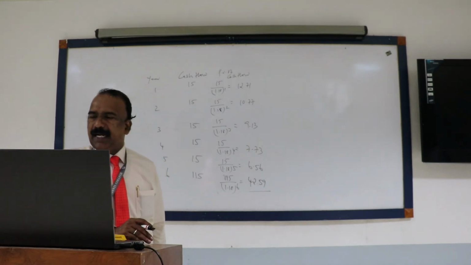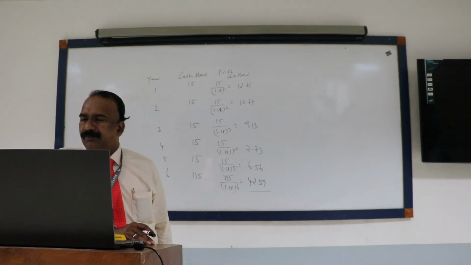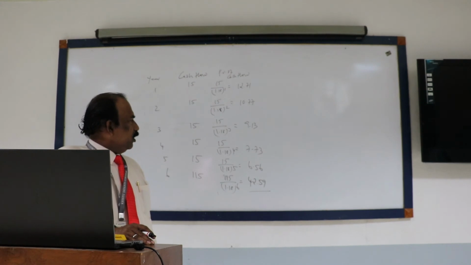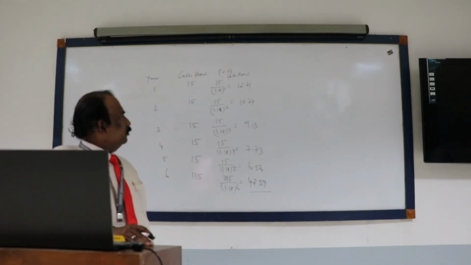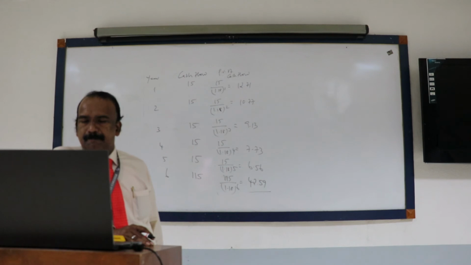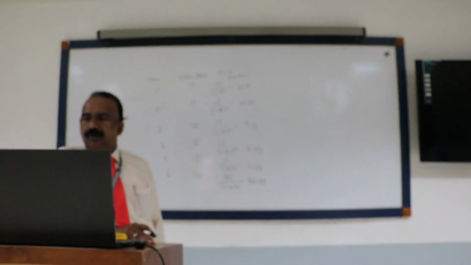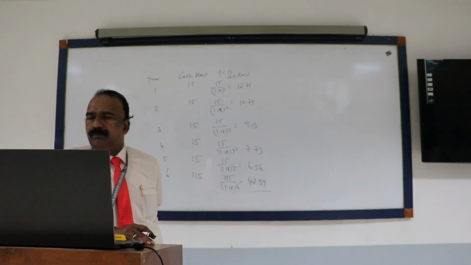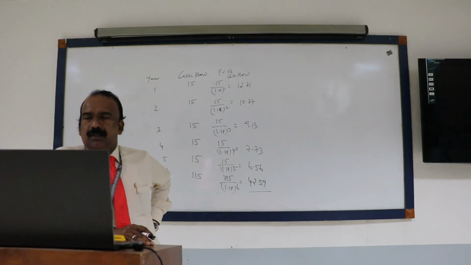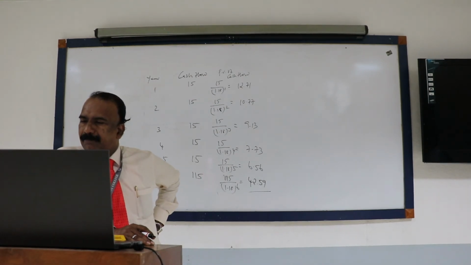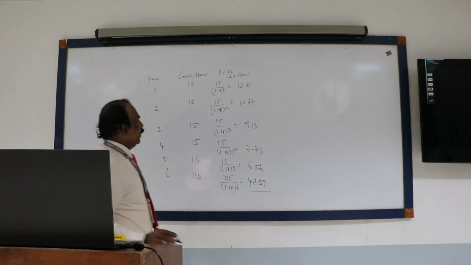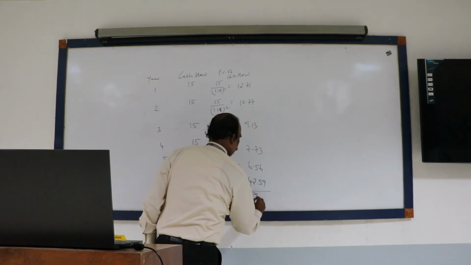Total must be 89.5. How much comes? Total? 89.5. Exact. Yes, sir. Oh, very good. 89.5.